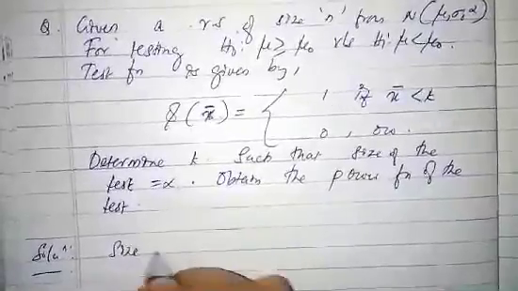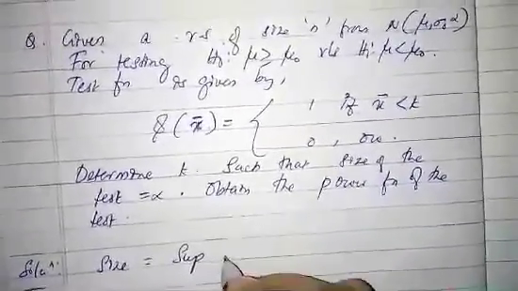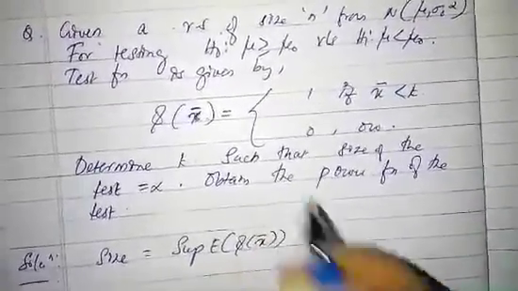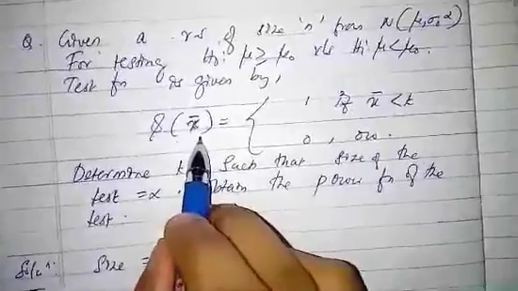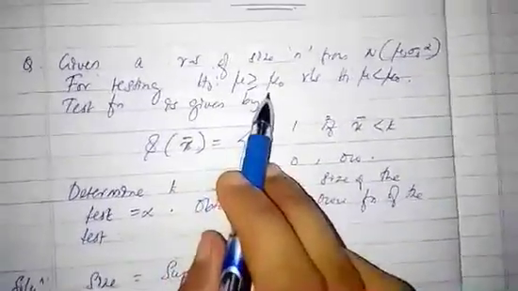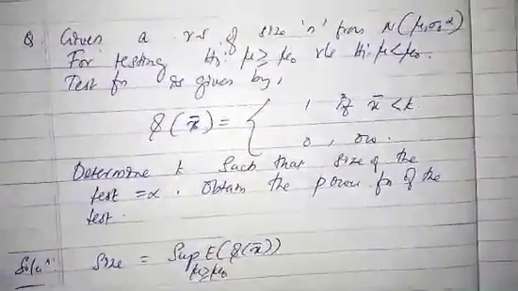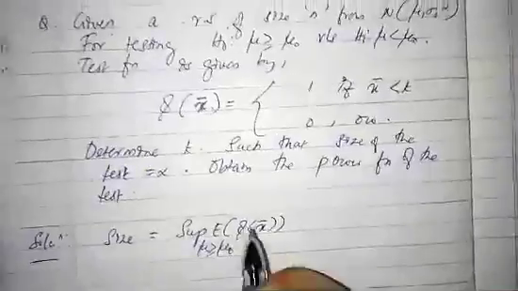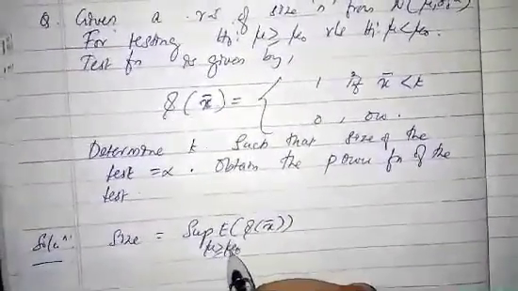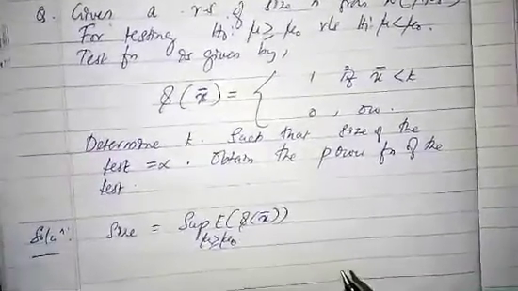And here, what is size? Size equals the supremum value of the expectation of phi of x bar, right? Here the test function is phi of x bar, and what is H naught here? Mu is greater than or equal to mu naught. So in this case we have to find the value of mu at which the expectation of phi of x bar is maximum, right?